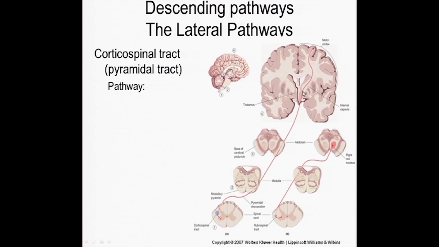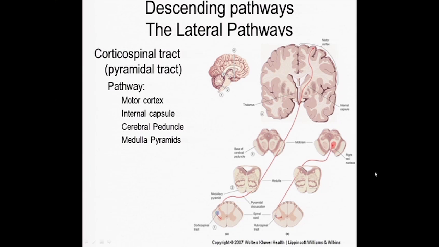So motor cortex goes through the internal capsule, and now this is the big foot of the cerebrum going into the spinal cord. It's called the cerebral peduncle. And then it goes through the medullary pyramids. On the top of the medulla, you see these big, thick tracts. Those are medullary pyramids.